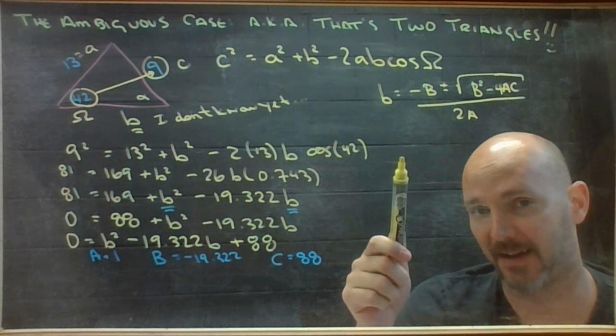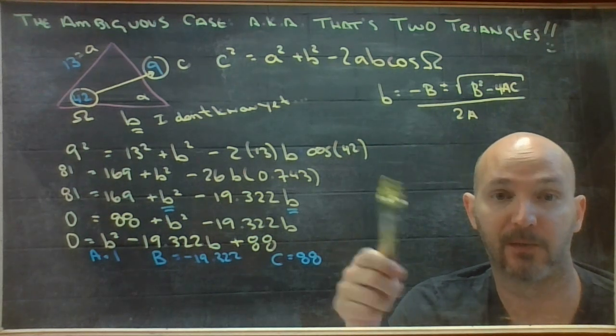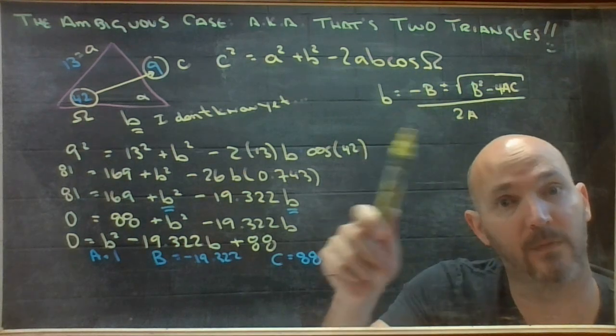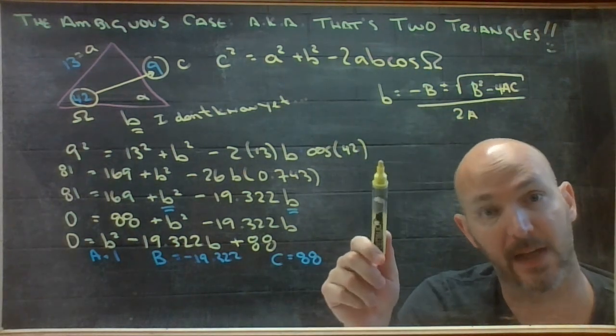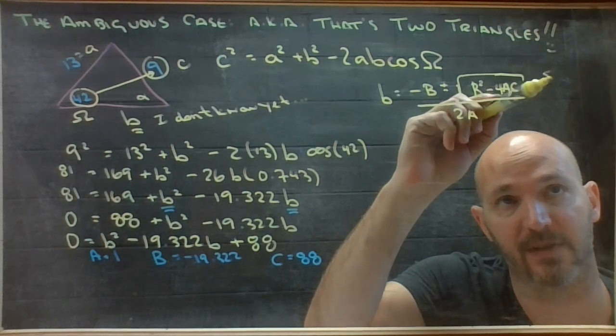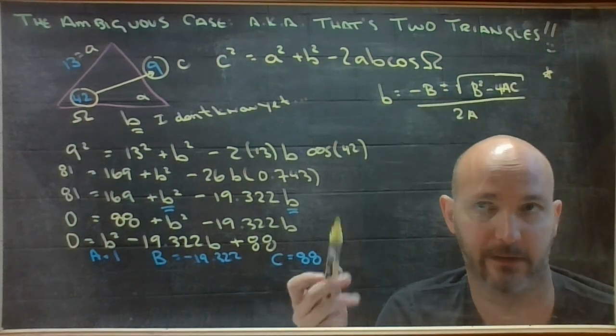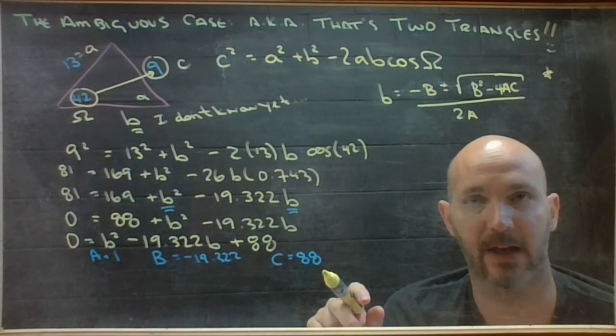If you don't recognize that, go find a tutorial on the quadratic formula to see where that came from. This is just a forever fact. It's, I don't know, 1,000 years old.